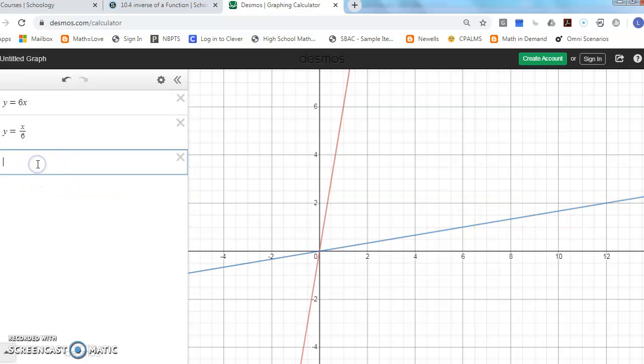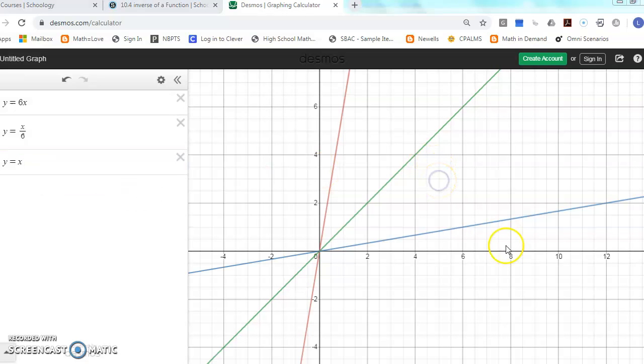But what I would like you to look at closely is if I graph the line y is equal to x. Now let's see how the red and the blue line are related.